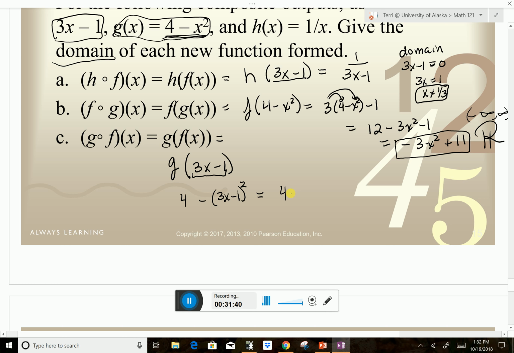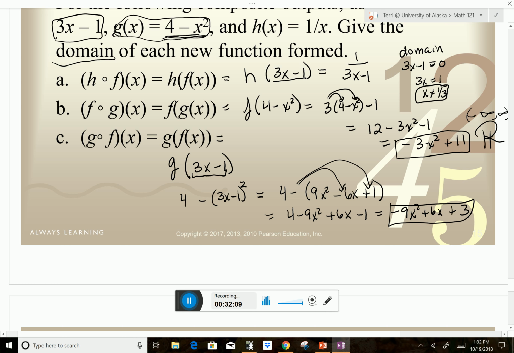So that's going to be 4 minus, and now I've got to take this out, 9x squared minus 2 times 3x times 1, which is 6x plus 1. 4 minus 9x squared, distribute, plus 6x minus 1 equals negative 9x squared plus 6x plus 3. And we're done with that one. And again, since there's no domain restrictions, this one is also anything it wants to be. Okay.